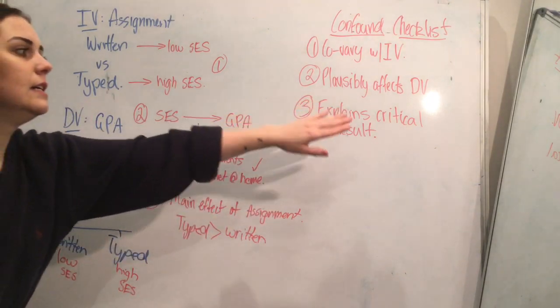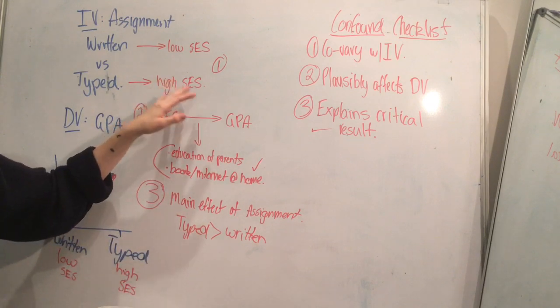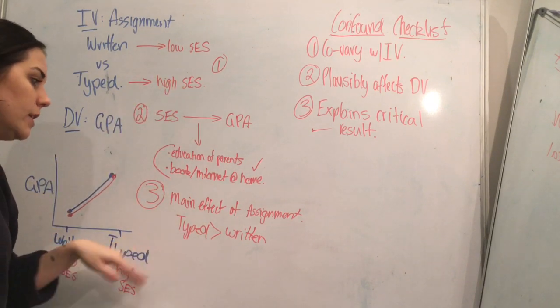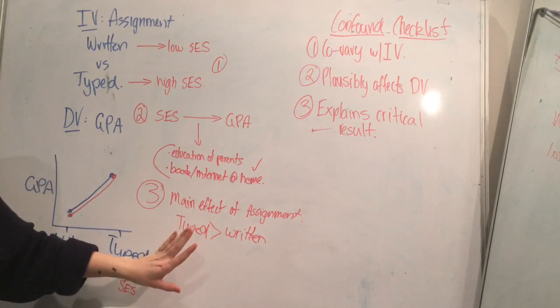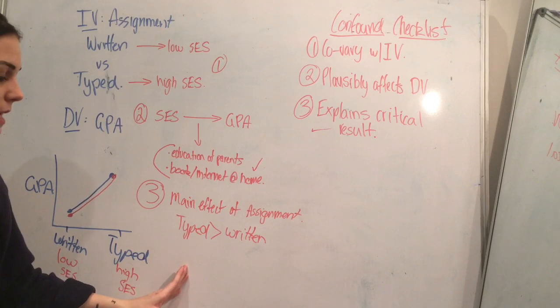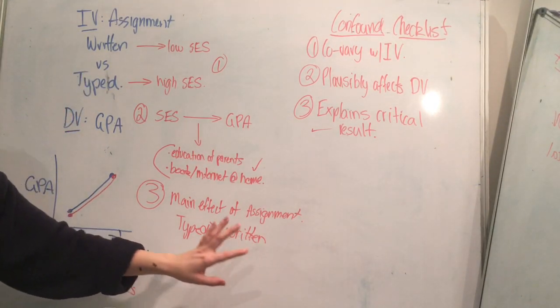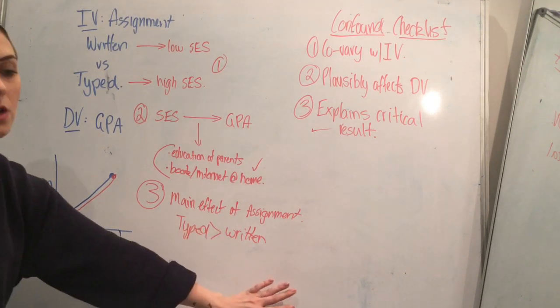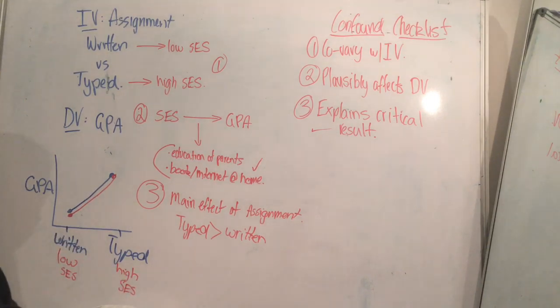And then 3, does it explain the critical result? Differences in socioeconomic status could account for the main effect of assignment, whereby those students who typed their assignment would be higher SES and would get better grade point averages, and those who have written their assignment are lower SES and have lower GPAs.